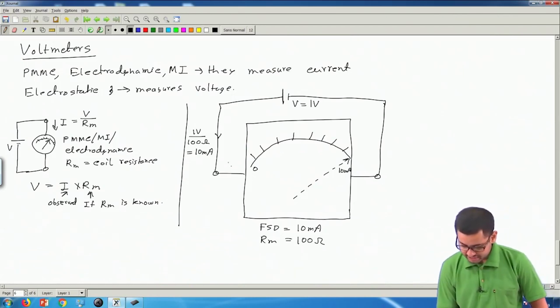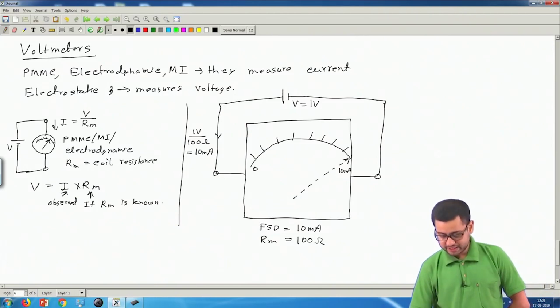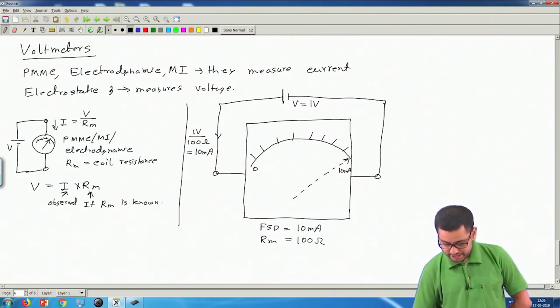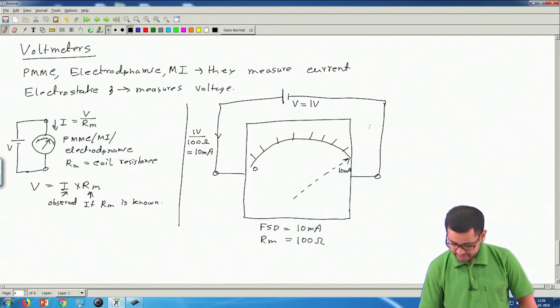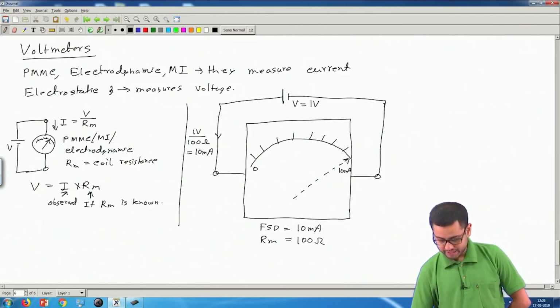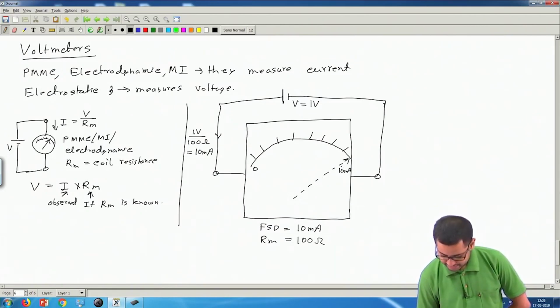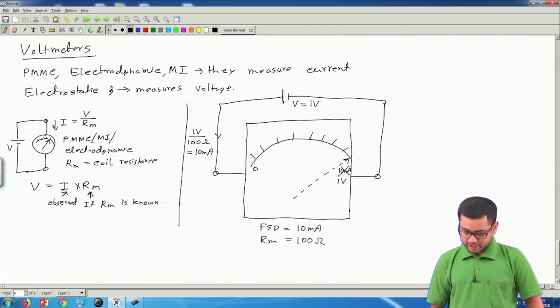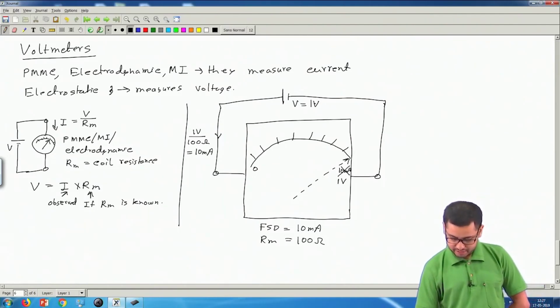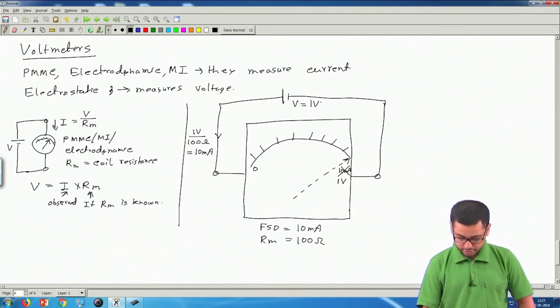So that means the pointer will go to the extreme right, and so this position I can mark as 1 volt instead of 10 milliampere, because when I apply 1 volt across this meter, the pointer goes to the extreme right. So instead of writing it in terms of current, I can also write this position as 1 volt.